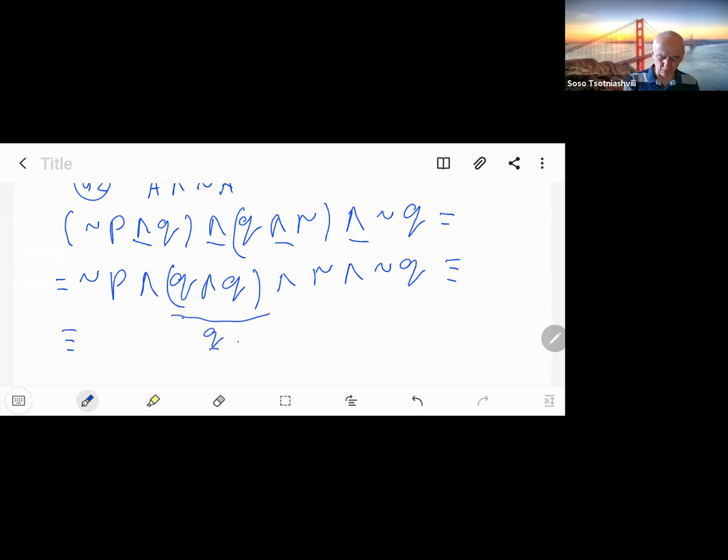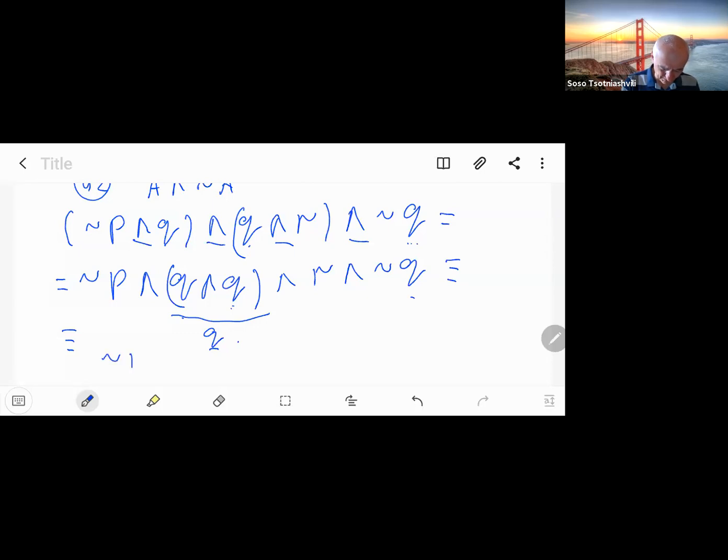Now I will group this Q, but I'm very glad to say that your idea, Katie, was better, because if we group Q and not Q at the beginning, it's false. So I will do the same now.